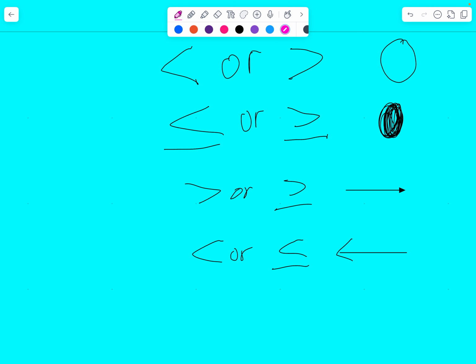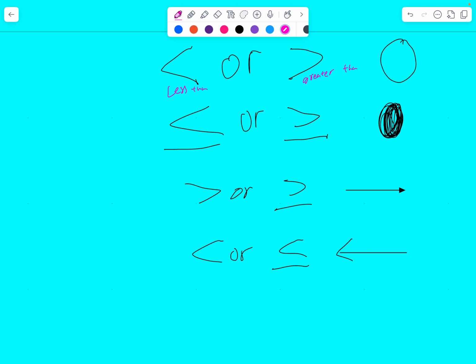Let's get started. The first thing I wanted to make crystal clear is that if you have a less than or a greater than sign, it's an open circle on the number line, which I will show you what that means.